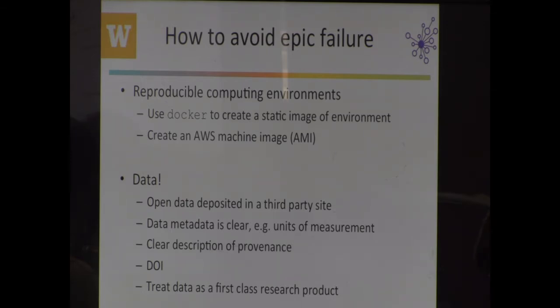If you're not familiar, Docker is a way to create a static image of an operating system, usually Linux, that keeps system libraries, math libraries, and whatever dependencies you install with it in perpetuity. So if you do all of your work in things like Docker images or in AWS machine images, who's familiar with AWS?